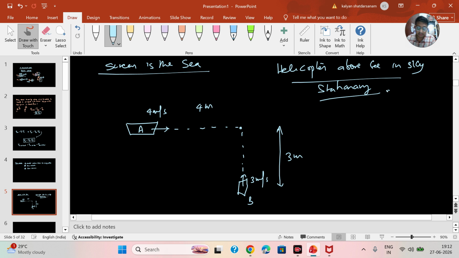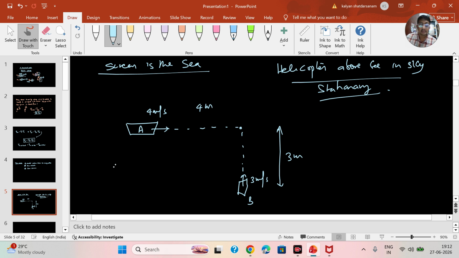So ships are moving, but the helicopter is not moving. The screen is the sea, in which the ships are moving. And the helicopter may be above the sea, somewhere near your eyes, or near your nose, wherever I keep it. It's just stationary and observing these two ships.